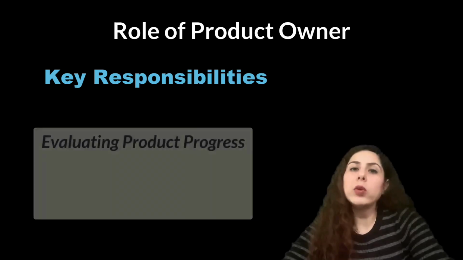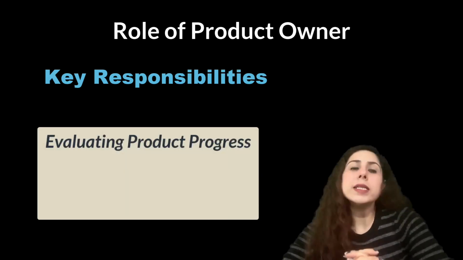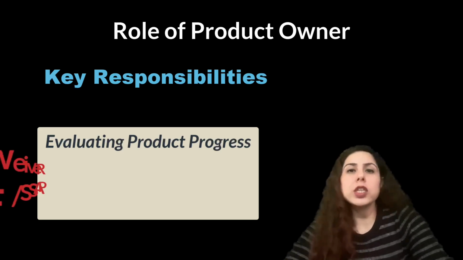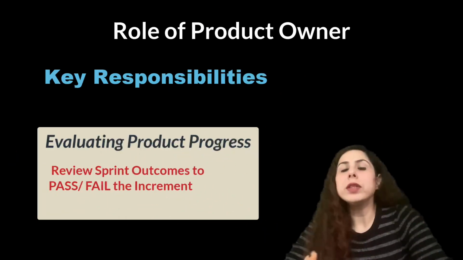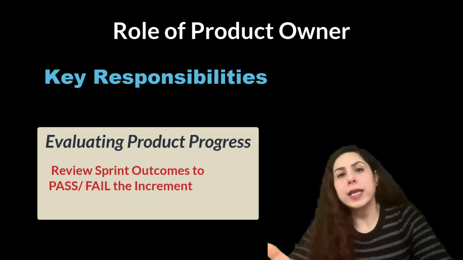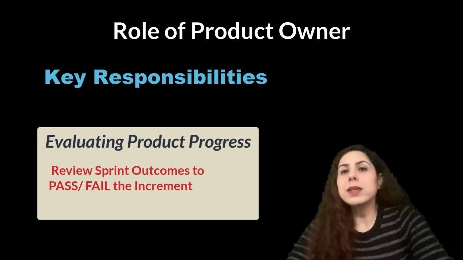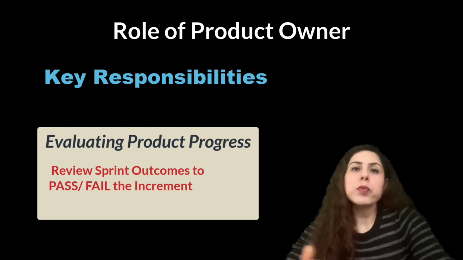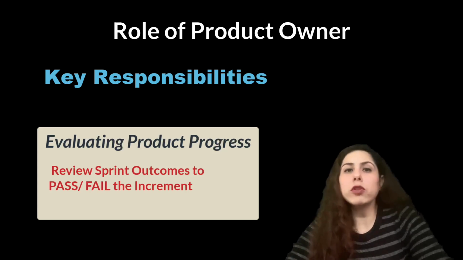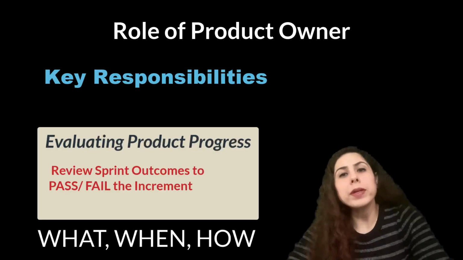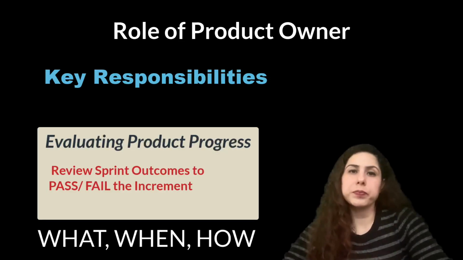Seventh, evaluating product progress. It's the product owner's responsibility to review each iteration and determine if the sprint deliverables are acceptable based on the acceptance criteria. They are the ones guiding the product strategy. Product owners are responsible for deciding what needs to be accomplished, when it should happen, and how it should be done.